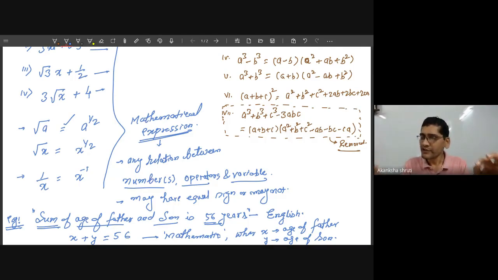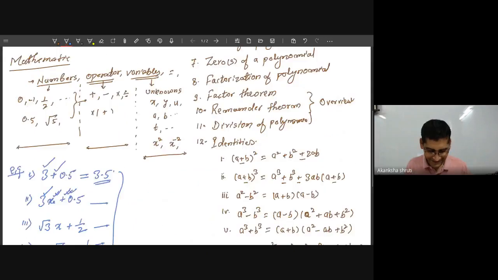Equations are those expressions which must contain an equal sign. When one mathematical expression is equated with another mathematical expression, it becomes a mathematical equation. Those things we will learn later. So my simple purpose is to make you understand that these things even belong to your primary category.